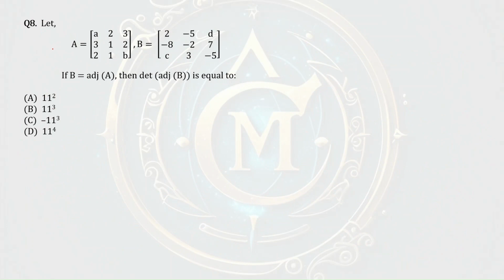The next question is from the topic matrices, and especially the topic of adjoint matrices. Here A is given to us and B is the adjoint of A matrix.